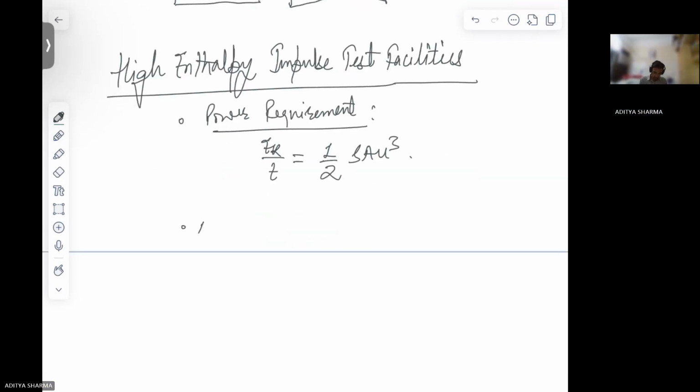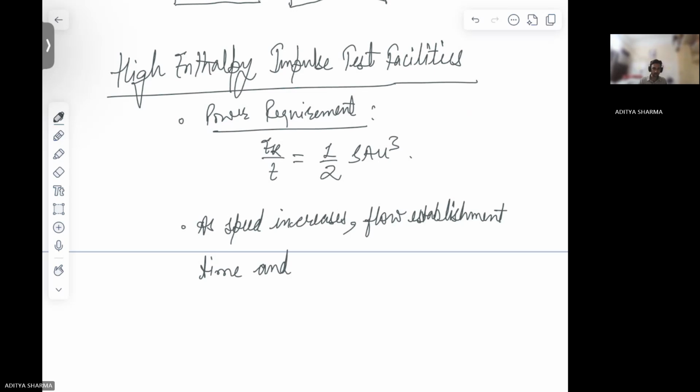So as speed increases, your flow establishment time and test time decrease.